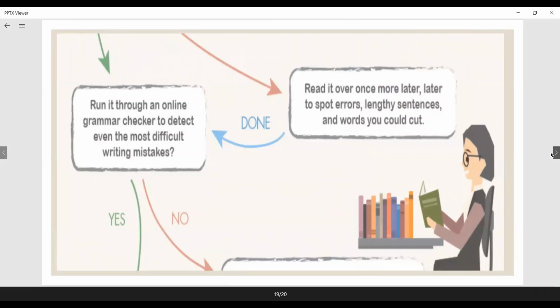These days, if you are working at home on your assignments, you are blessed with different sorts of bots where you can check your words, your sentences and grammatical errors, and read it over once more later to spot errors. Lengthy sentences are not going to make a good impression, so cut short your sequence of sentences and try to write concise sentences.